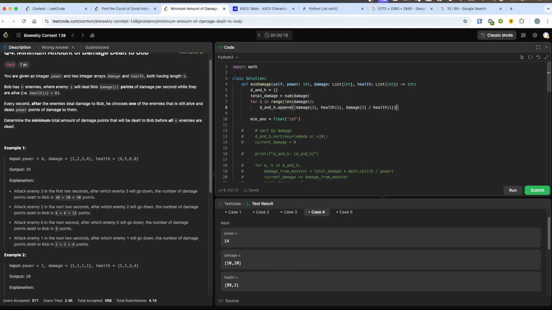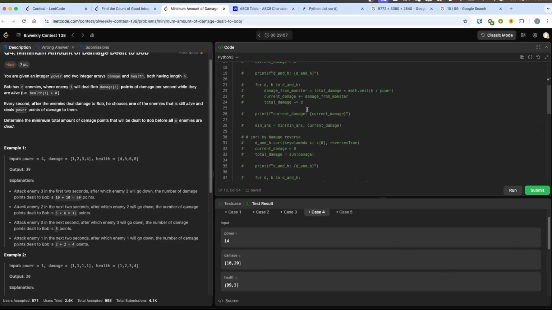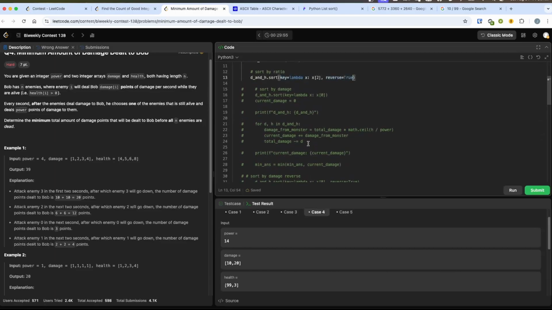We sort by ratio. So we'll do D and H, sort, key equals lambda x, and then we could essentially take this.